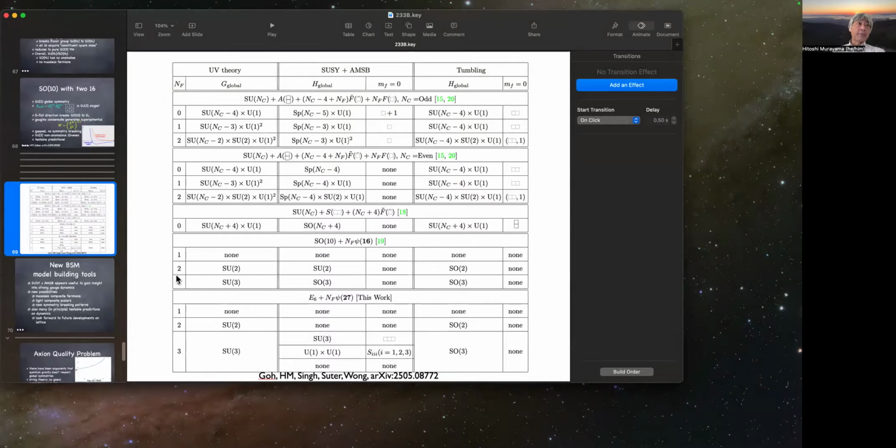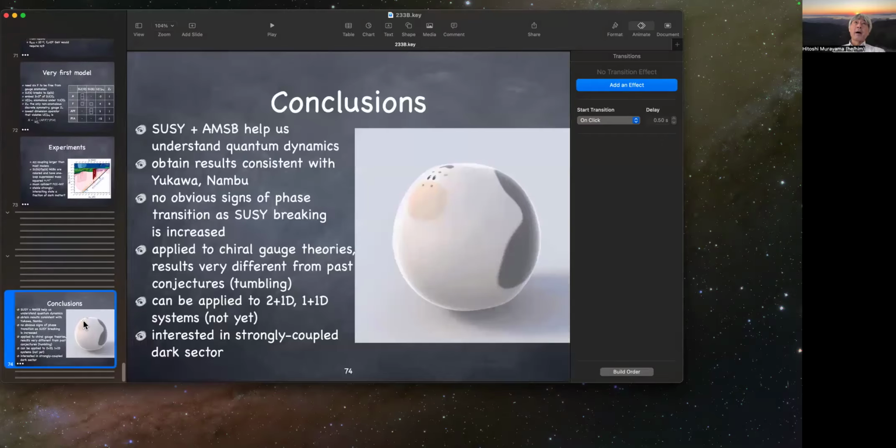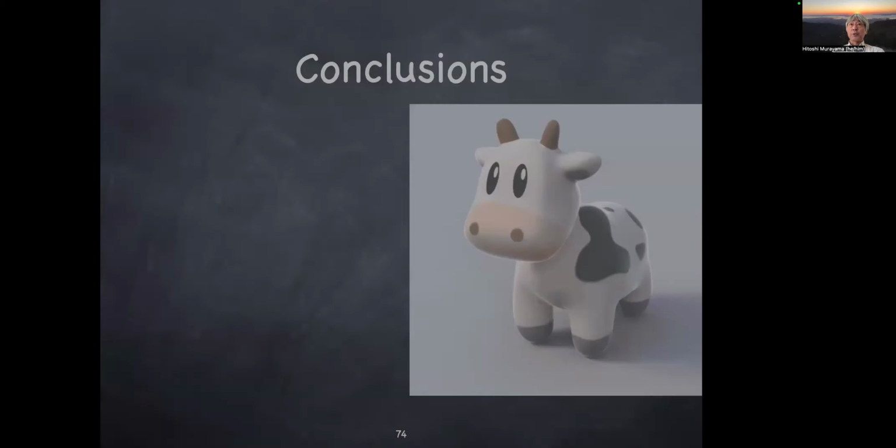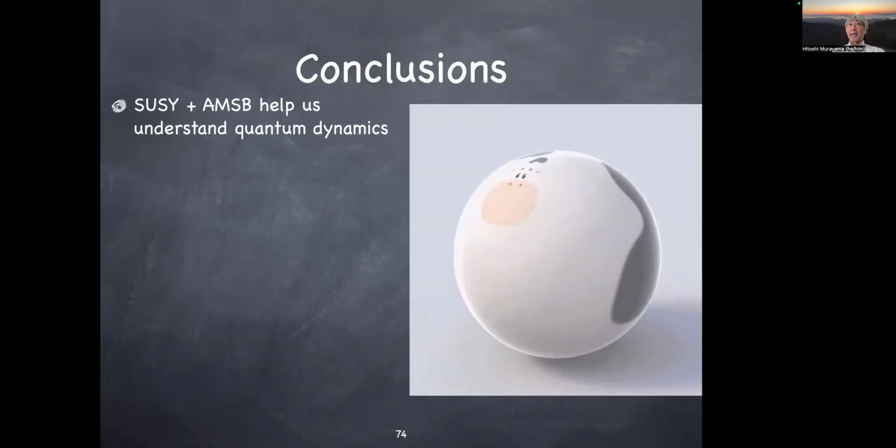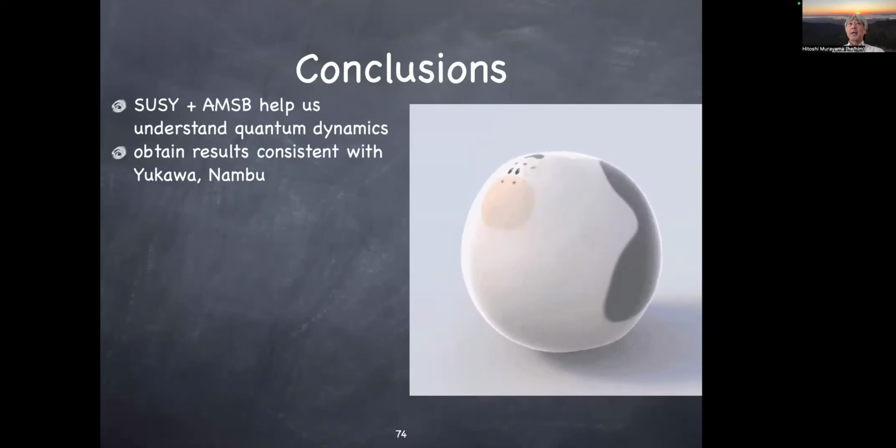Okay, so that wraps things up. I will post these slides on the course site so you can look at them later. But here's a summary. If you combine supersymmetry with this particular scheme of supersymmetry breaking, that will help us understand quantum dynamics. You first go to the SUSY limit, that's the spherical cow, you break it a little bit, then you can start picking up all the right features of the non-perturbative impact of the dynamics on the gauge theory.